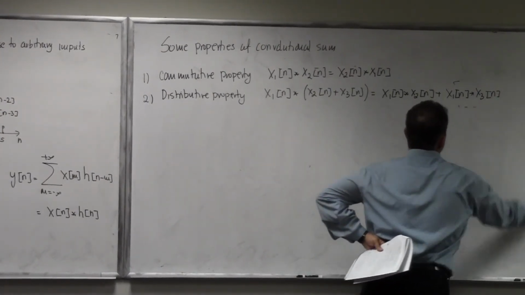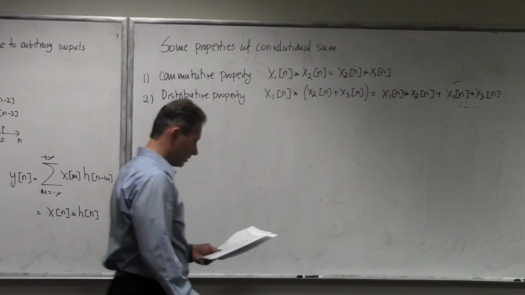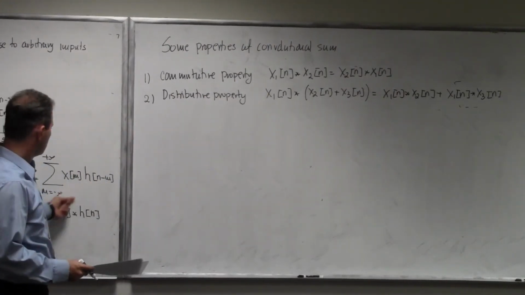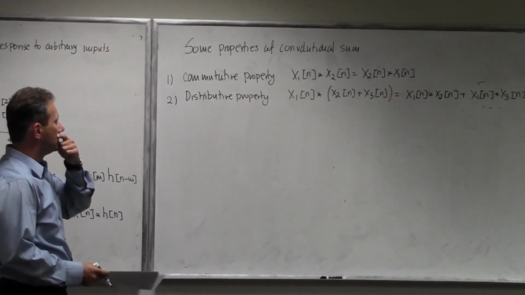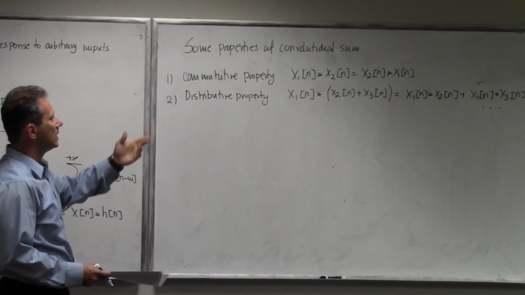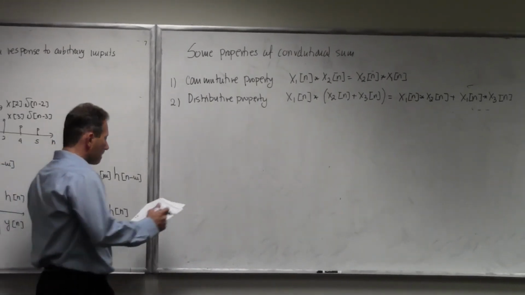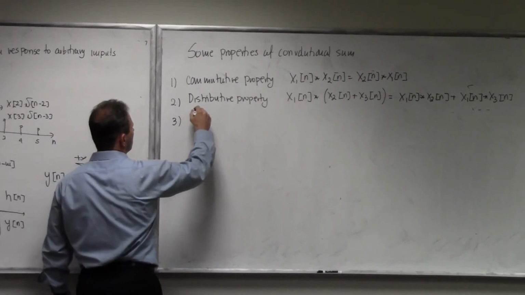Both of these properties just come from a linear nature of the sum, right? The sum has these properties, so convolution inherits that from the sum. And then the third one is associative property.